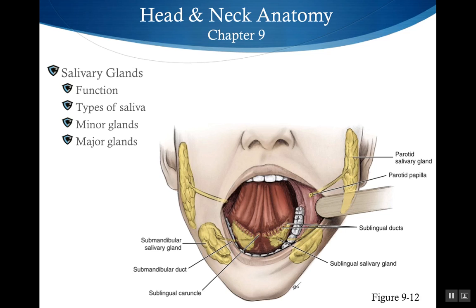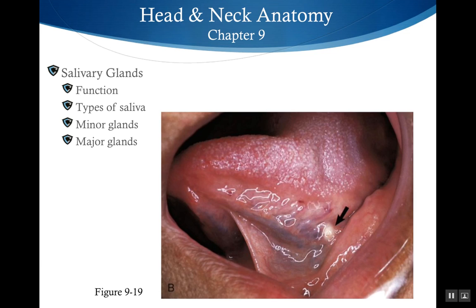Okay, so occasionally you'll have a salivary gland that can become blocked by a little calcified stone or a sialolith, and it will have to be removed surgically in order to allow that salivary flow to continue in the mouth.